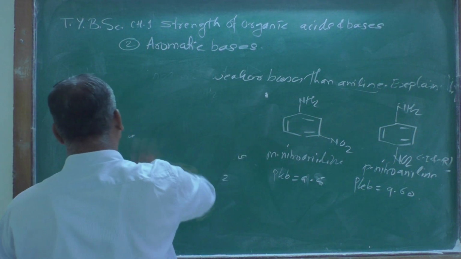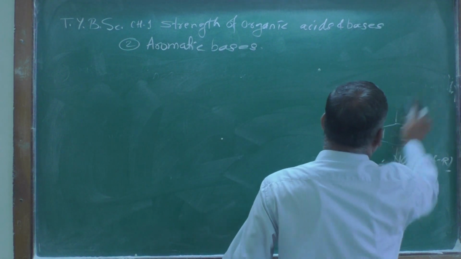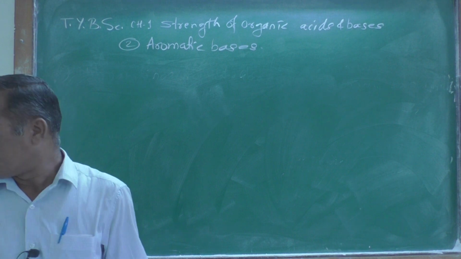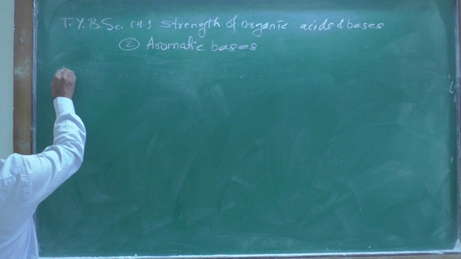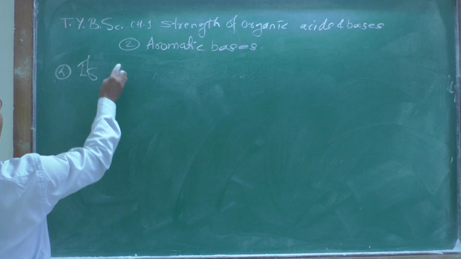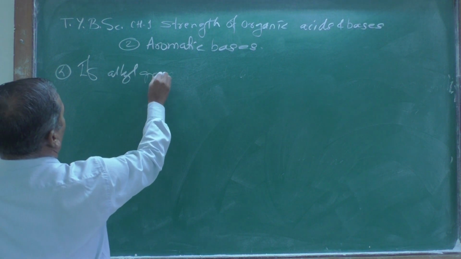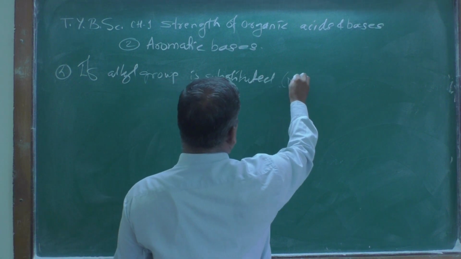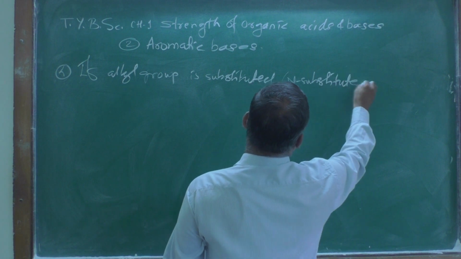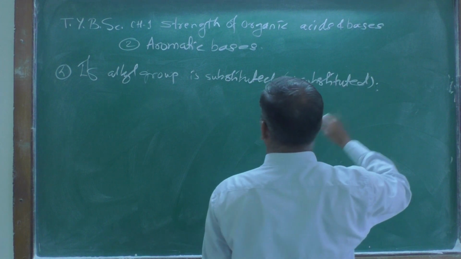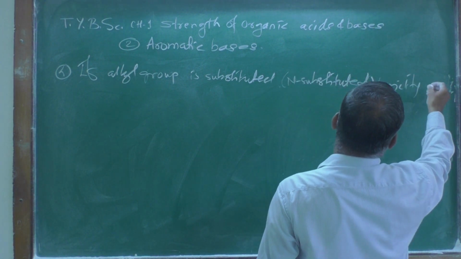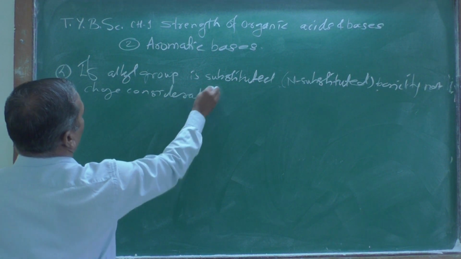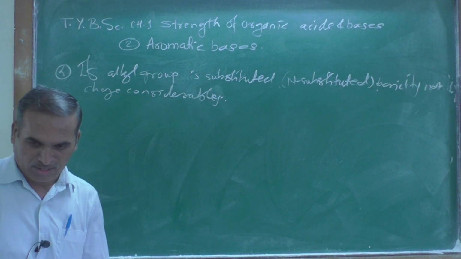The fourth application is: if the nitrogen atom gets substituted by an alkyl group, that is, N-substituted, then the basicity does not change considerably. What would be the reason, or how do you explain this?